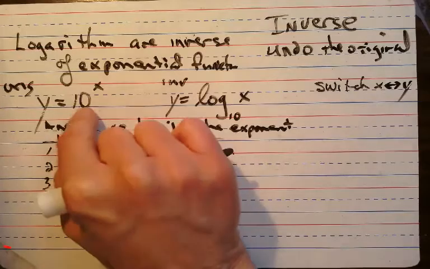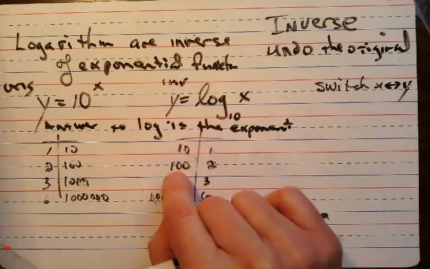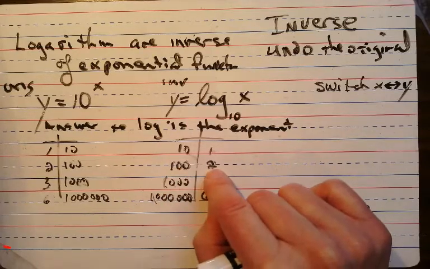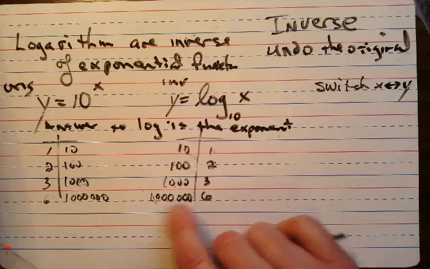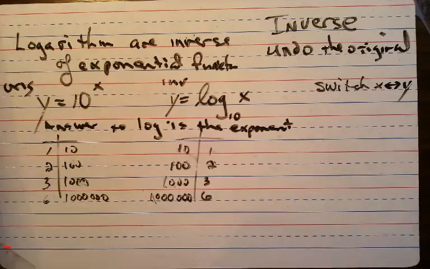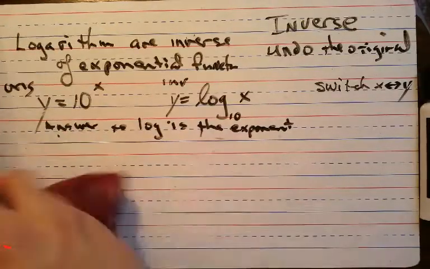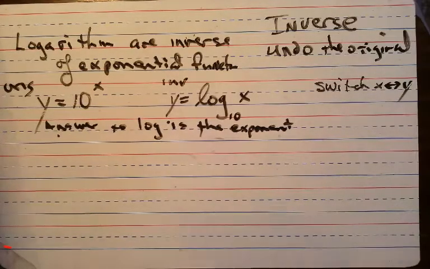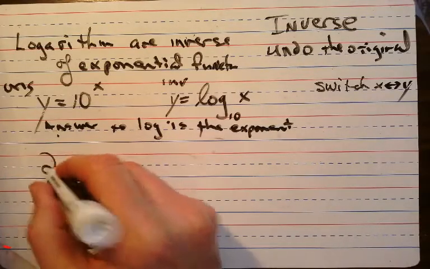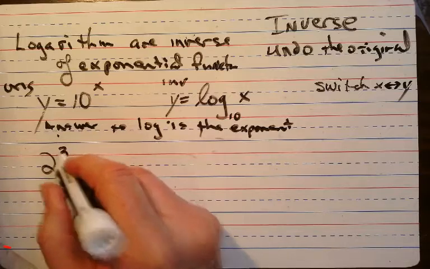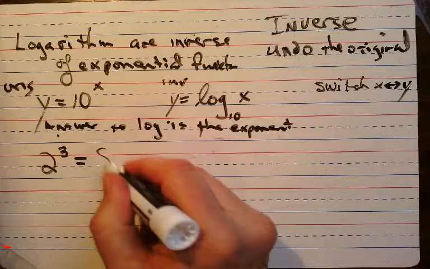See, 10 to the 2 power is 100. So if I'm taking the log of 100, that's 2, because 2 is the exponent that makes 100. 6 is the exponent that makes 1,000,000. Let's see if we can do that again. We'll say that 2 to the 3rd power, we know that means 2 times 2 times 2, that's 8.